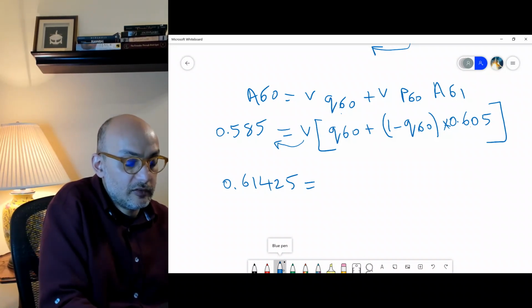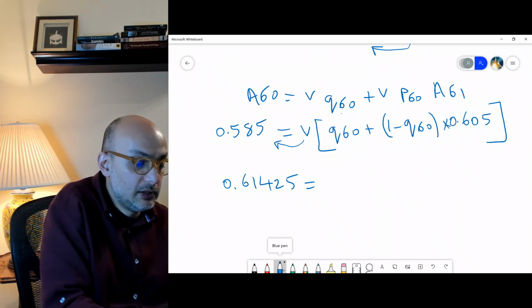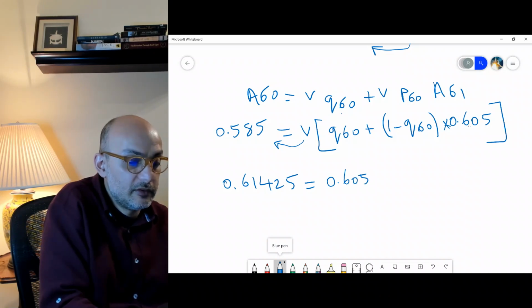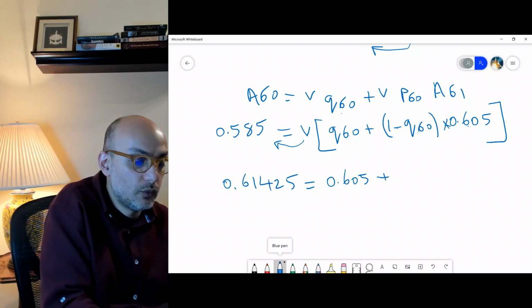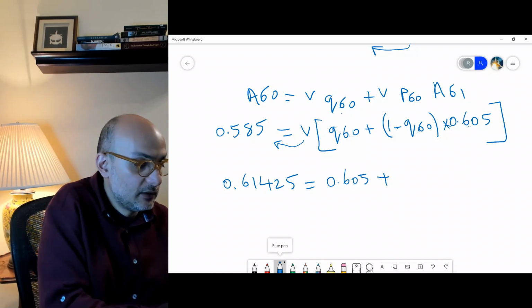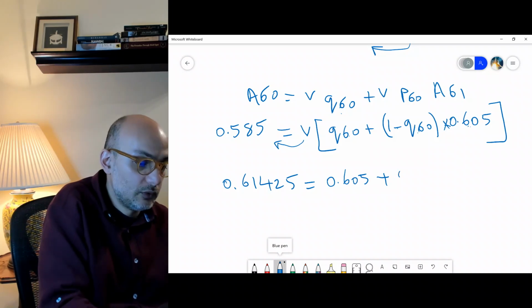This 0.605 multiplied by 1 will be 0.605. Now this one, 0.605 multiplied by q but in negative, and you add to it 1, it will become 1 minus 0.605, which will be 0.395 q60. Right?